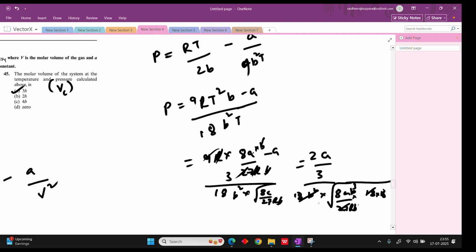Then it's 3 and it's 2, and again it's 6. So 8 into 2 into 6.